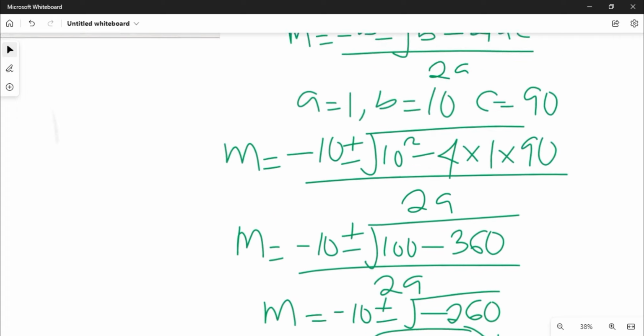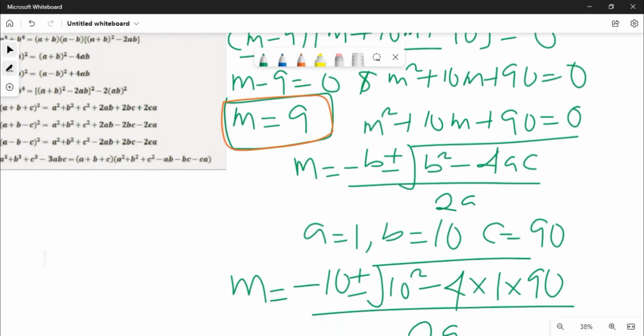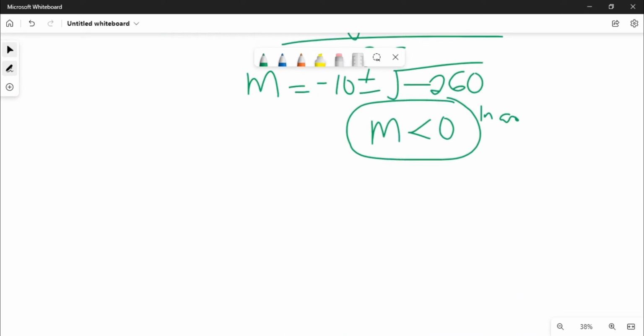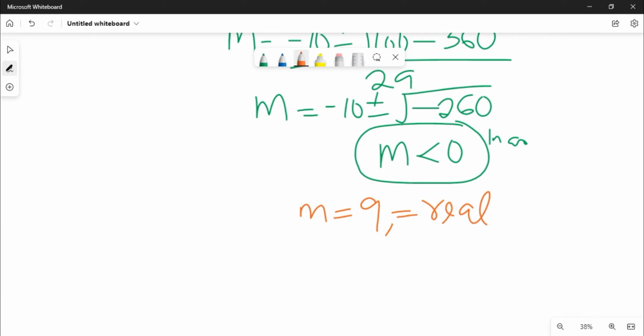And then our only solution for this question is going to be m equal to 9. So our solution will finally be m equal to 9, because this is the only real solution to the equation that we were given above.